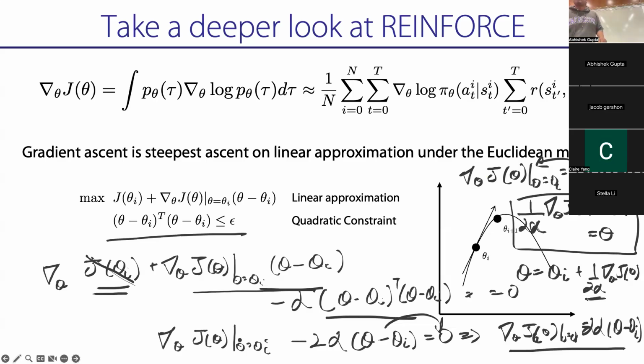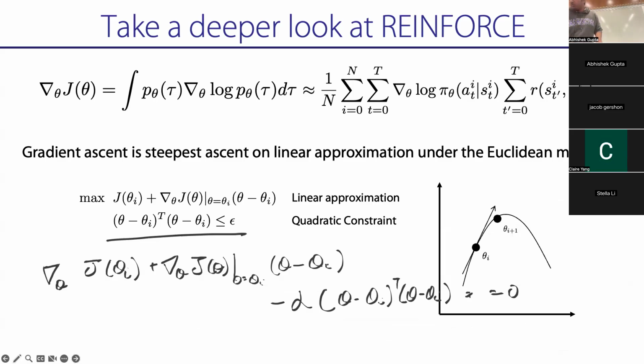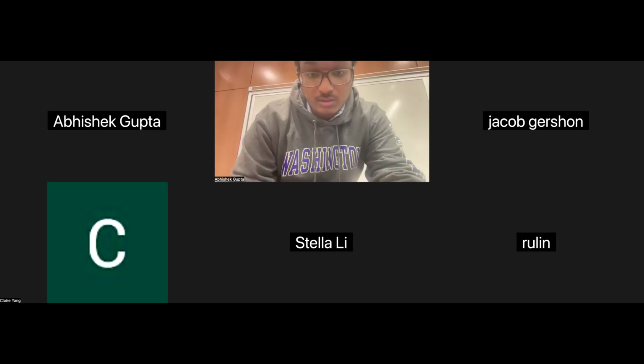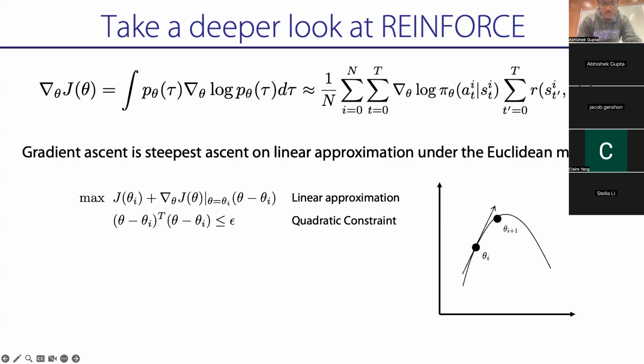Okay, everyone with me? Okay. So let me just recap. We took this objective, we wrote the Lagrangian, we took the gradient, set it to 0, did some algebraic manipulation, and the optimal theta for this optimization problem is theta I plus some step size times the gradient, right?